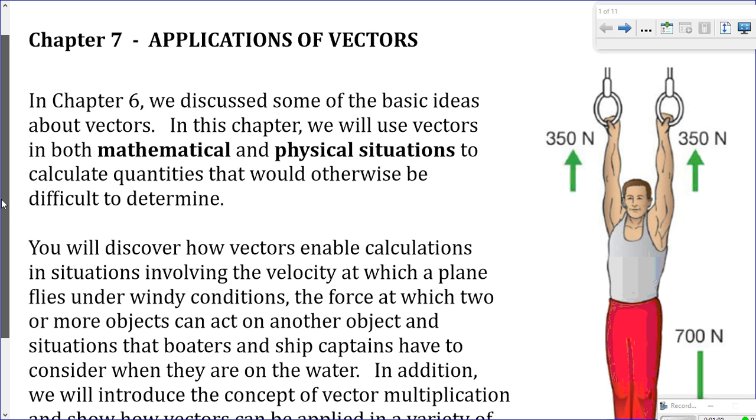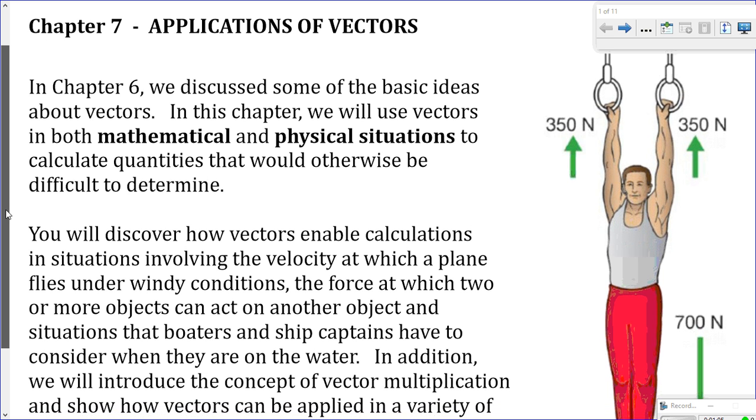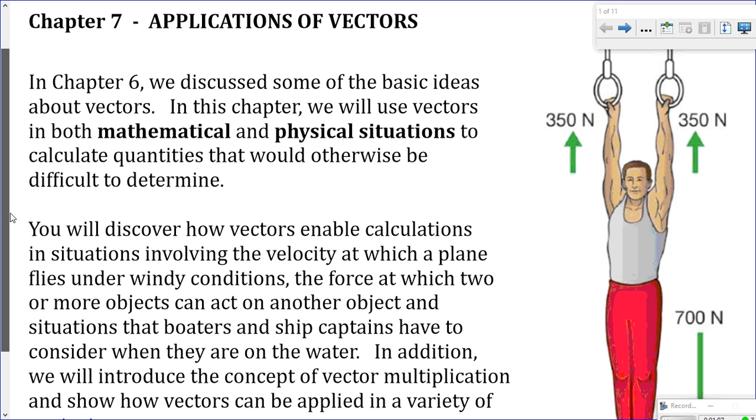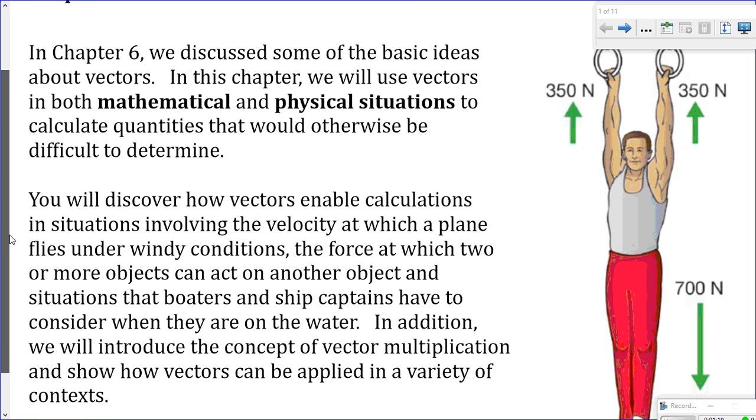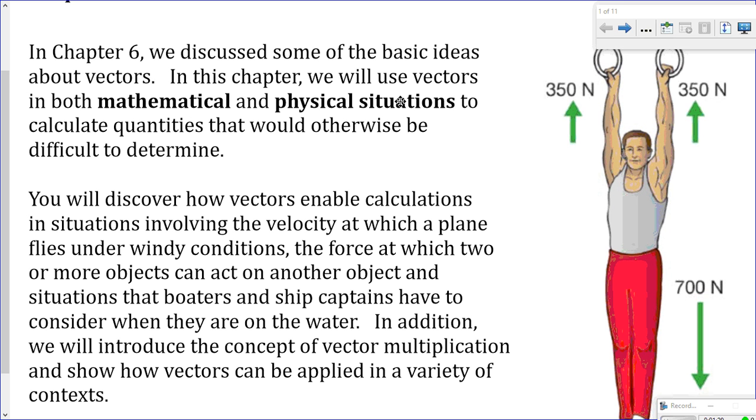So we've done some calculations with velocity and plane flying and wind condition situations, force of two or more objects working together, boating applications, water and currents, and we're going to talk about a little bit more of those in the chapter with discussion of multiplication of vectors and the different ways that you can do multiplication of vectors.